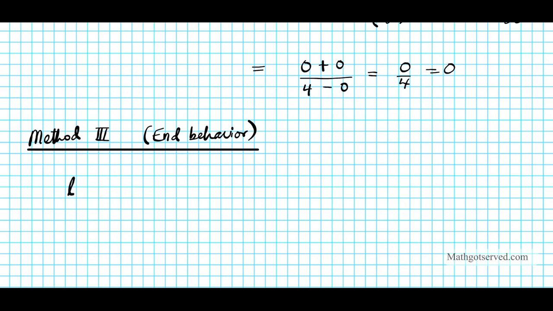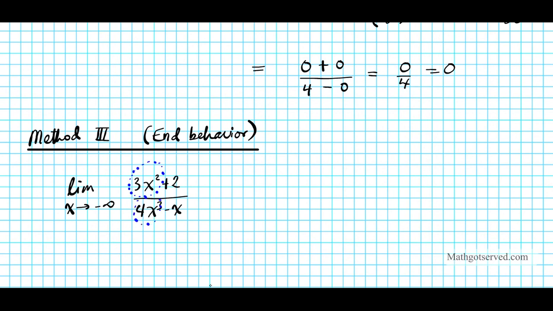We have the limit as x approaches negative infinity of 3x squared plus 2 divided by 4x to the third minus x. So in the numerator, this is the term with the biggest degree. And then in the denominator, this is the term with the biggest degree.